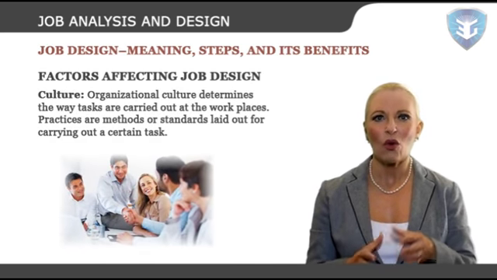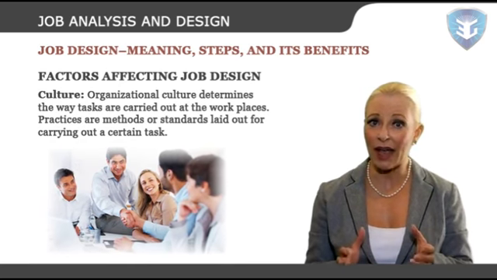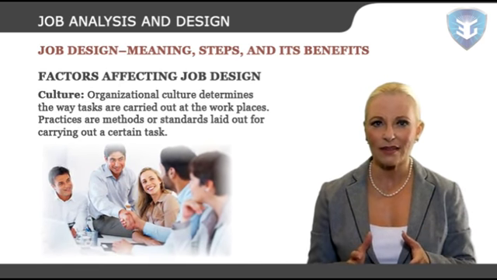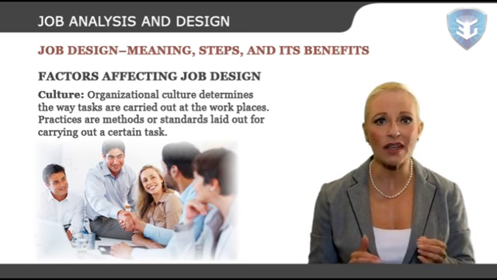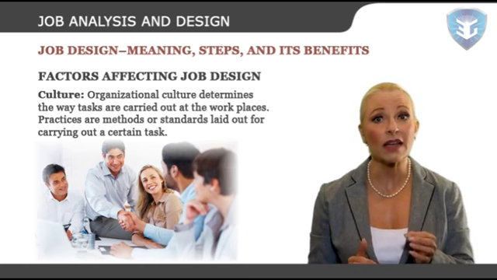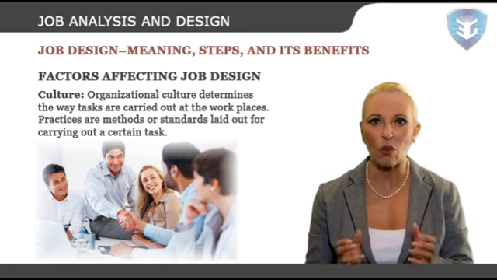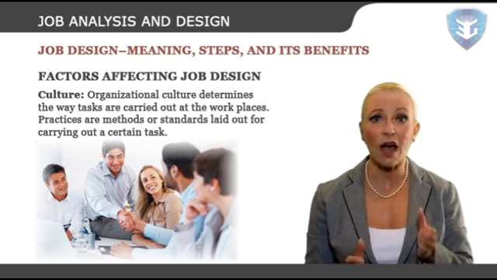Culture. Organizational culture determines the way tasks are carried out at the workplaces. Practices are methods or standards laid out for carrying out a certain task. These practices often affect the job design, especially when the practices are not aligned to the interests of the unions.